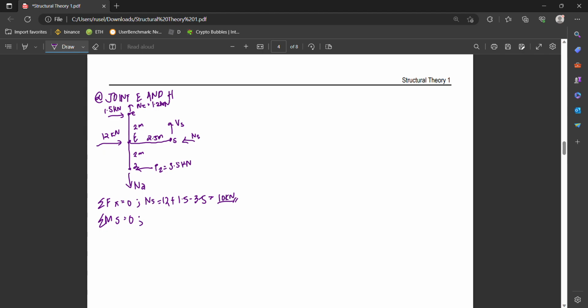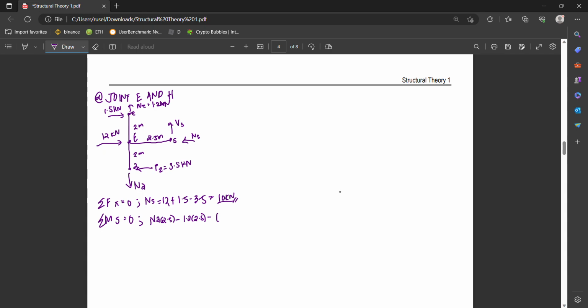Okay? Next, summation moment naman tayo sa S equal 0. This is your NA times distance niya na 2.5 sa S minus 1.2 na NE times 2.5 also minus 3.5.